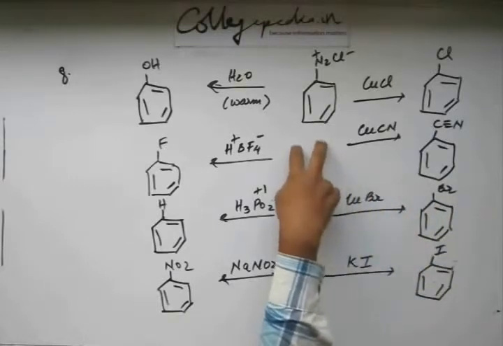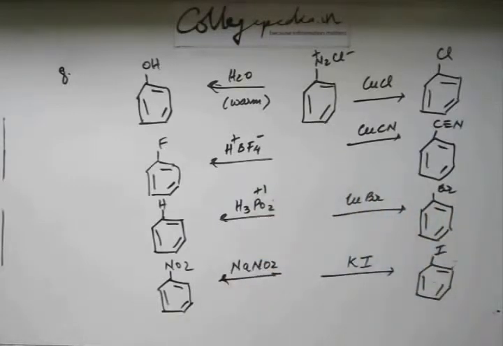So this diazonium salt becomes a very important compound, a starting material for the preparation of various other organic compounds. So it's a very important reaction and it deserves some respect.